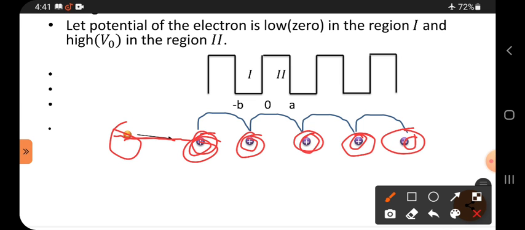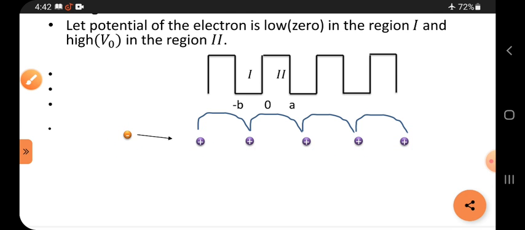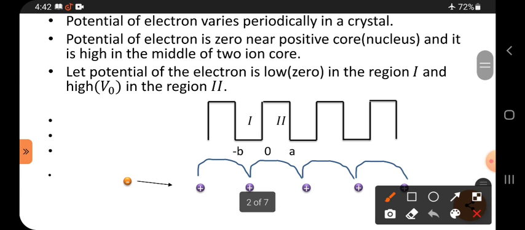When it is coming towards it, attraction is more. More attraction means potential energy decreases at this point. The potential energy of the electron is zero near the positive core. When it is very near to the nucleus, its potential has a very small value.